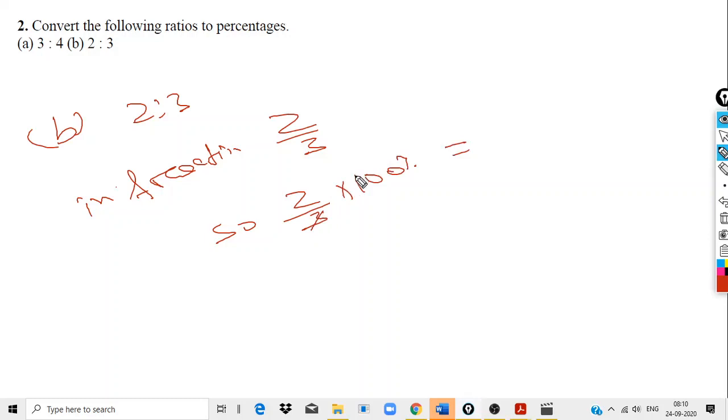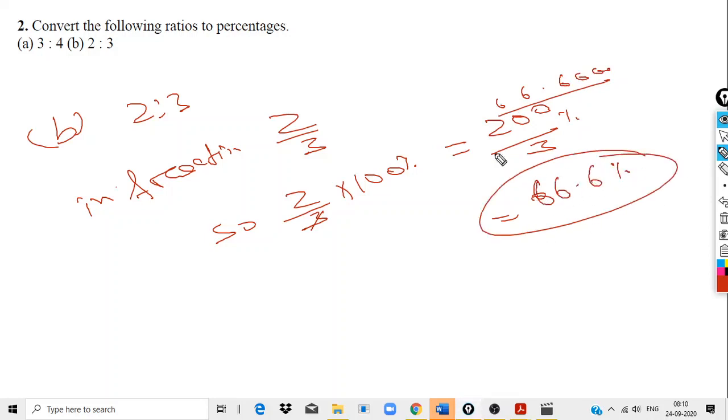Here you can write 200 by 3%, which will be equal to, now you simplify: 3 6s are 18, then 0.66, it will be continued. Okay, so it will be 66.6%. So 2:3 in percentage will be 66.6.